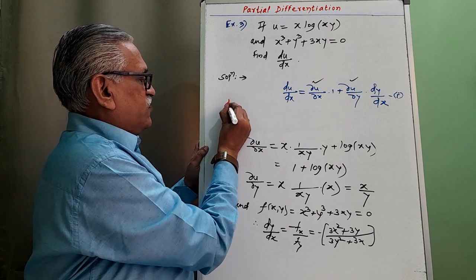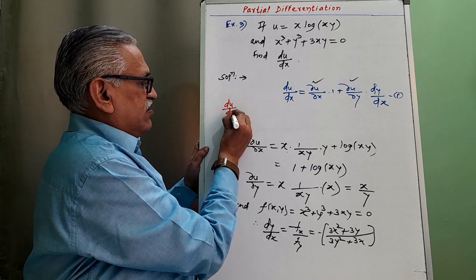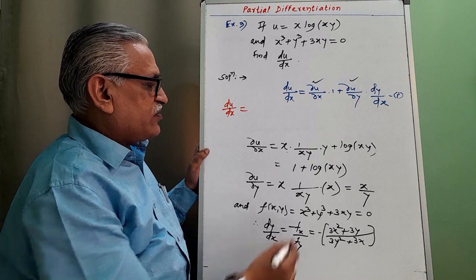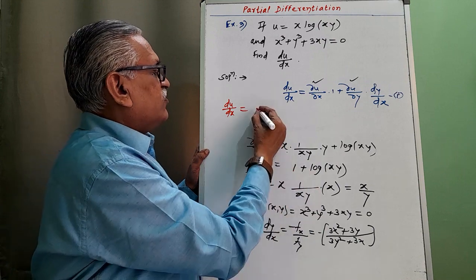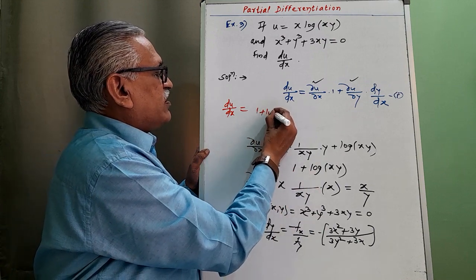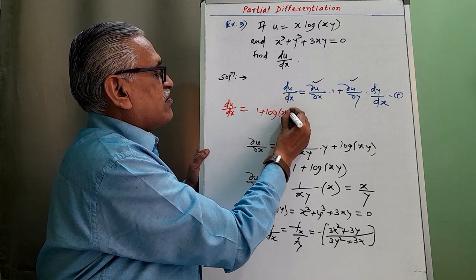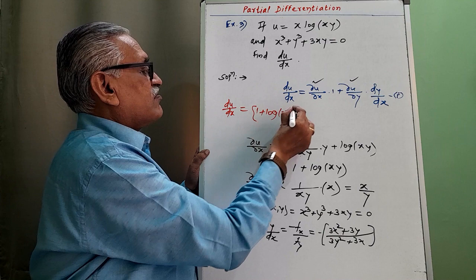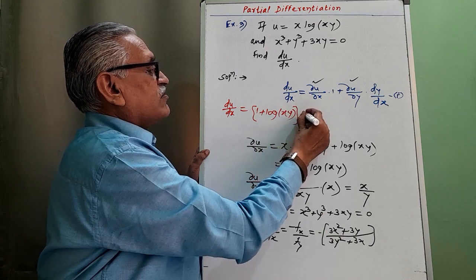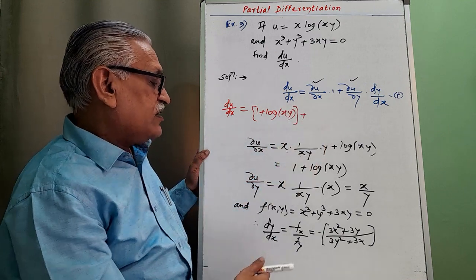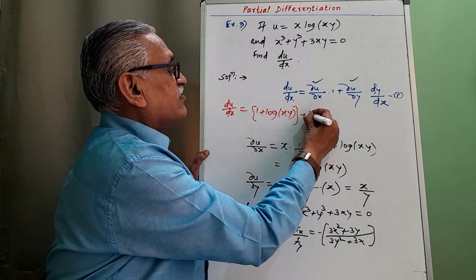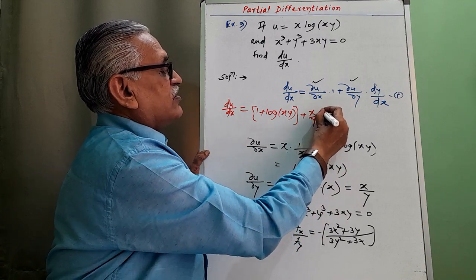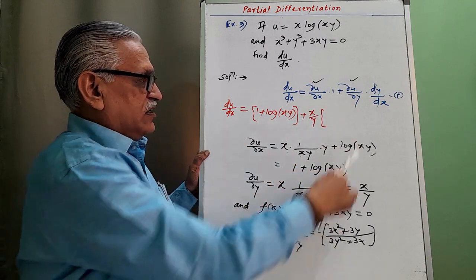that du by dx is equal to dou u by dou x. The value of dou u by dou x is 1 plus log of xy, plus dou u by dou y, that value is x by y, multiplied by dy by dx.